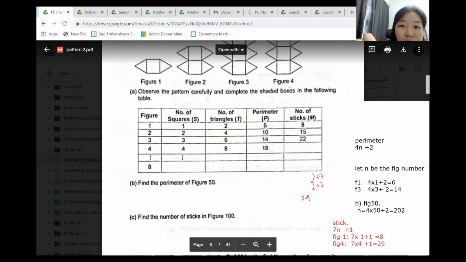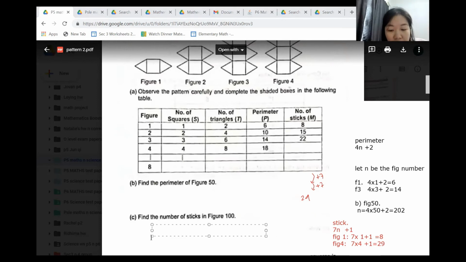So if they ask for the number of stick for figure 100, then straight away I know that it's 7n and then plus 1, right? Because just now we already have the n term.